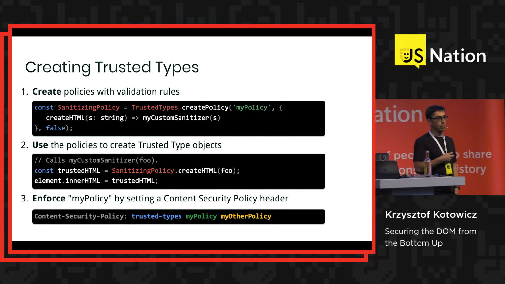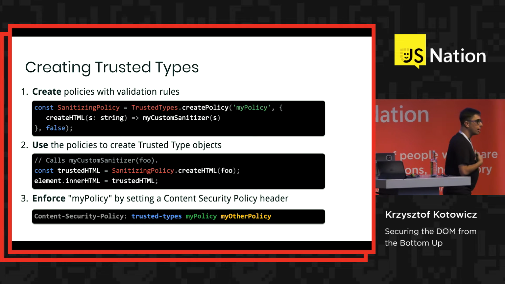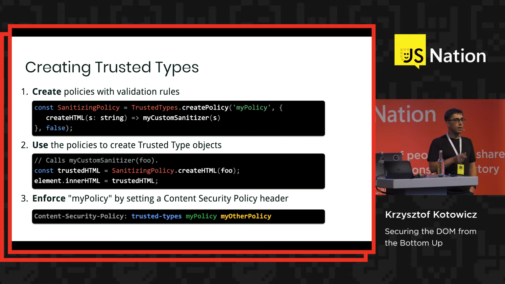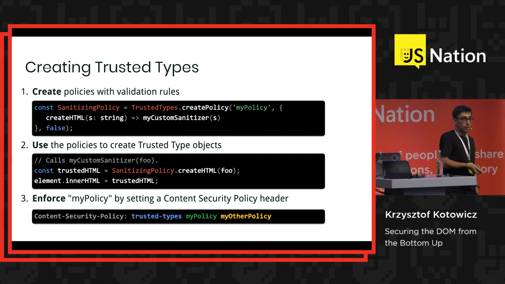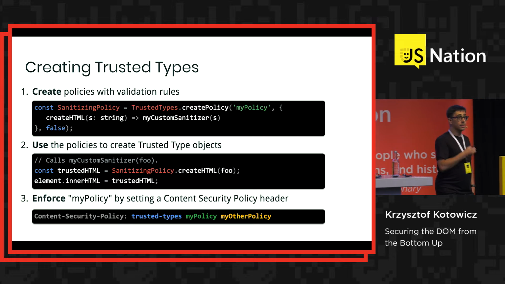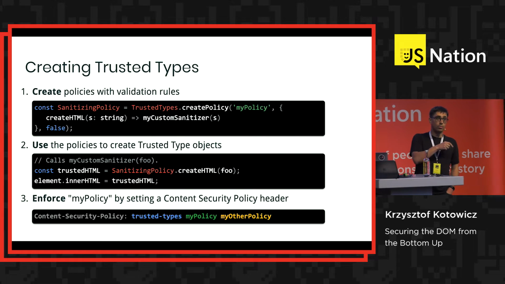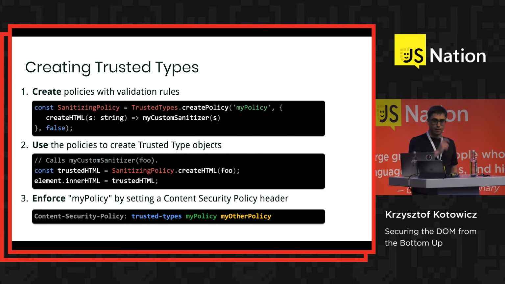So what I'm saying through this header is that it is okay for my application to use or create once a policy that is called my policy. And it is okay for my application to also use this other policy called my other policy, but it is not okay to create a policy that is named otherwise. And it is also a violation if you create a policy with a duplicate name.